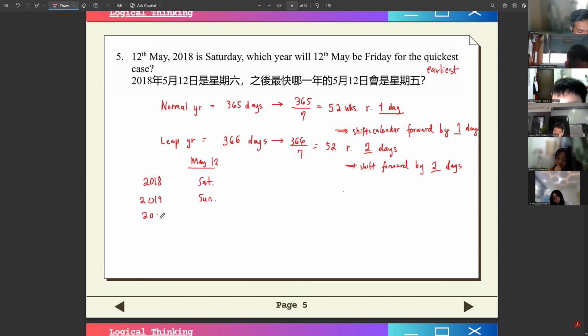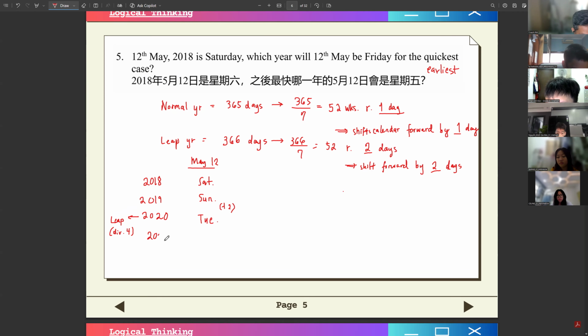But when it's 2020, this is a leap year since it's divisible by 4, right? And by the way, if you're not familiar, a leap year happens every 4 years, right? So if it shifts forward 2 days, you have 2 plus 2. So that would be a Tuesday instead of a Monday, right?